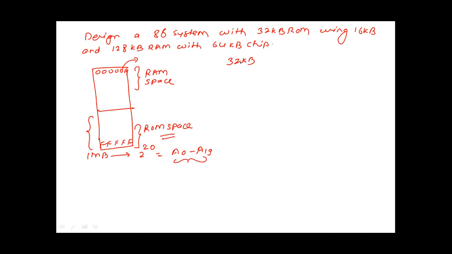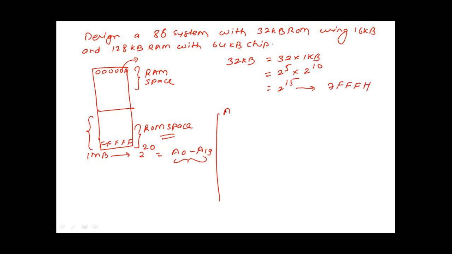How many address lines will you require? 32 KB is 32 into 1 KB, which is 2 raised to 5, and 1 KB is 2 raised to 10. So you will require 15 address lines. 2 raised to 15 will give you the final address as 7FFF for 32 KB. So how do you determine this?